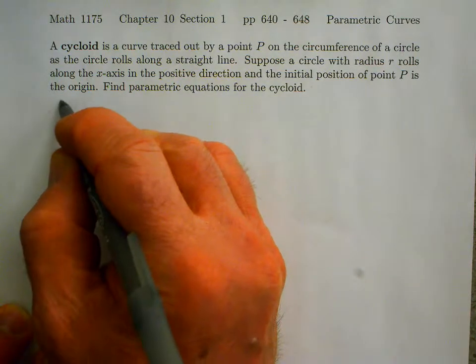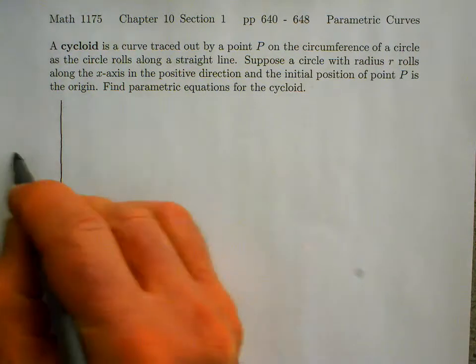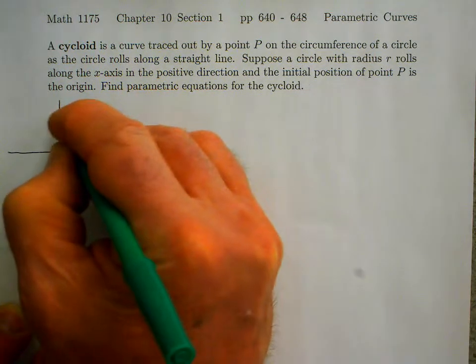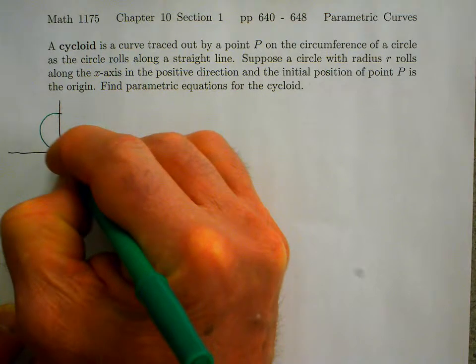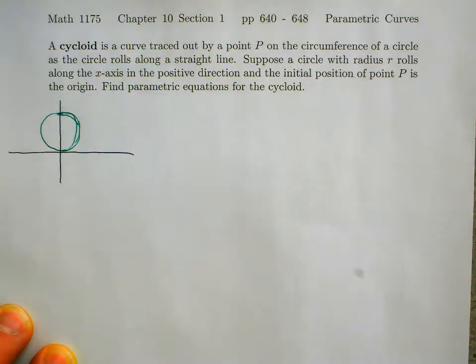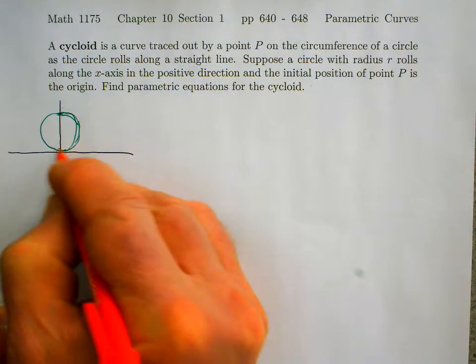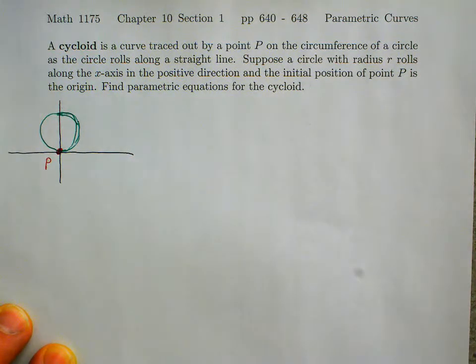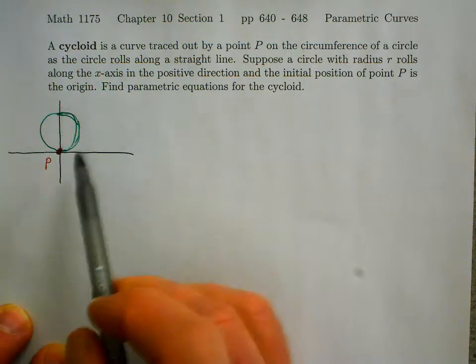So we're starting out in the xy plane with a circle of radius r. Pretend like that's a circle. Our point P is at the origin, and we're going to roll it to the right.